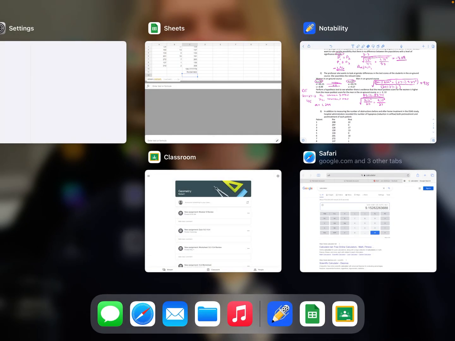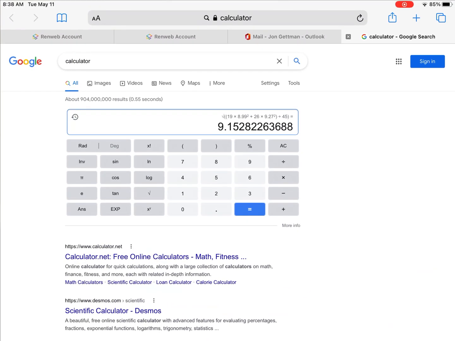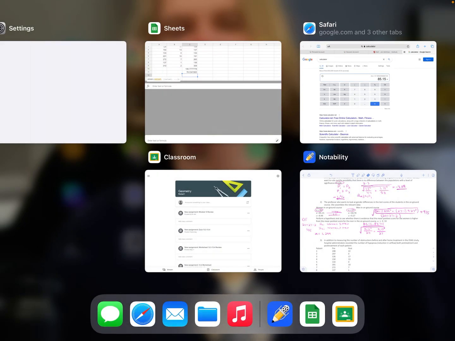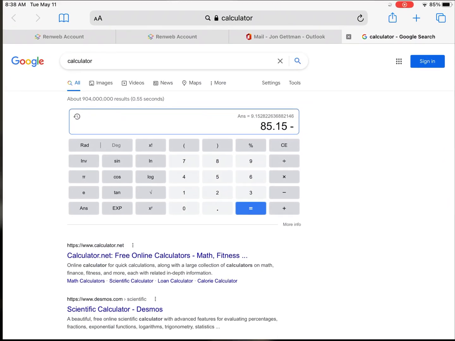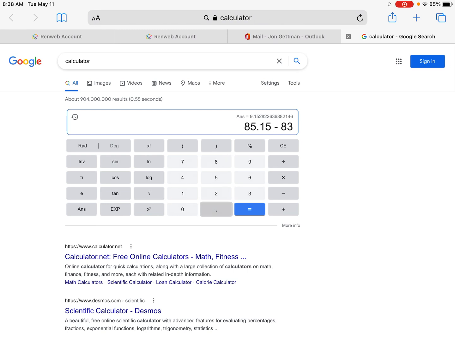So we're going to go ahead and do that, 85.15 minus 83.74 equals, divided by the square root of 9.15 squared divided by 20 plus 9.15 squared divided by 27.